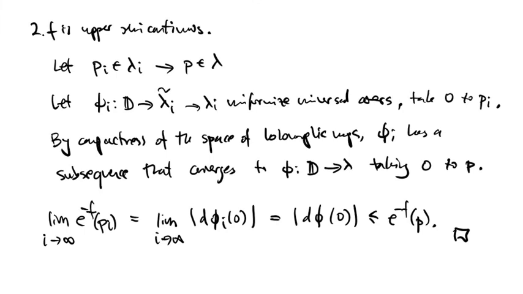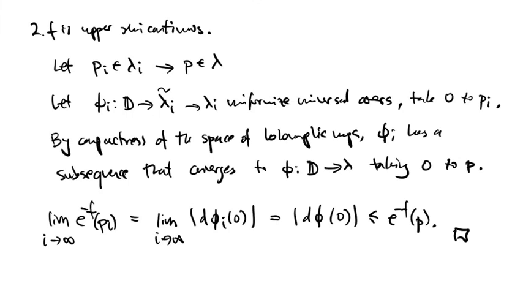This gives us a family of maps from the unit disk to lambda. By compactness of the space of holomorphic maps, true because lambda has all leaves of hyperbolic type, the sequence phi_i has a subsequence that converges to some map phi from the unit disk to lambda, taking 0 to the point P.